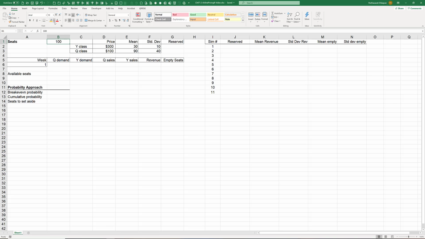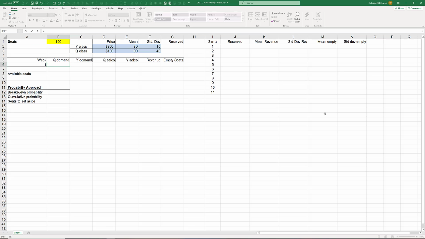So let's do some color coding here. That's going to be blue. We have Q demand and Y demand.